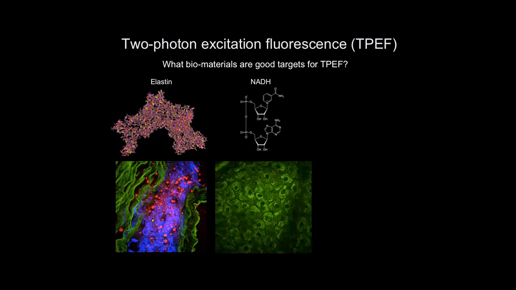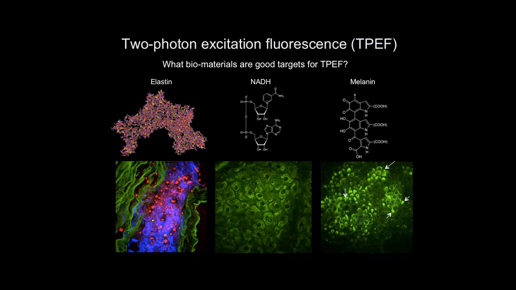We get two-photon excited fluorescence from NADH in the mitochondria of cells. These are images of cells in our skin. We also get two-photon excited fluorescence from melanin, the pigment of our skin, and these are again images of pigmented cells in the skin. It's very highly fluorescent.